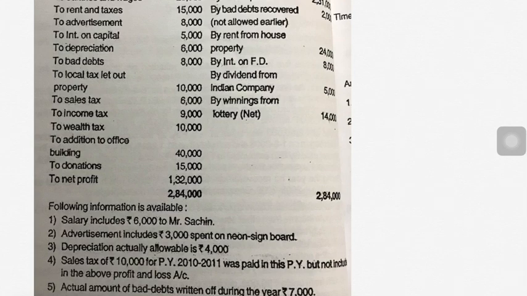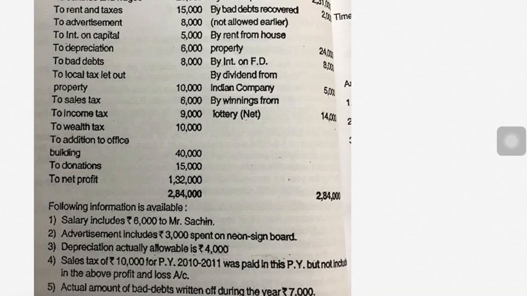In case of sales tax, if the amount is paid during the year, then it is allowed. If the amount is not paid, then it is not allowed. So sales tax 6000, I believe that it is paid during the year. If it is not paid during the year, in the adjustments they will give that it is not paid. So for now 6000, fine, you don't have to do anything.